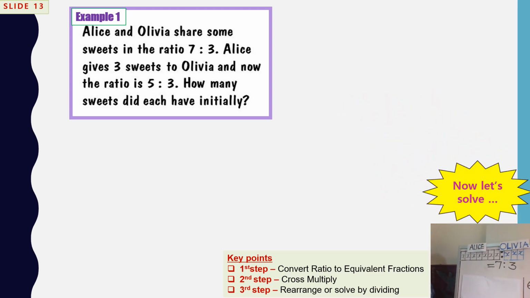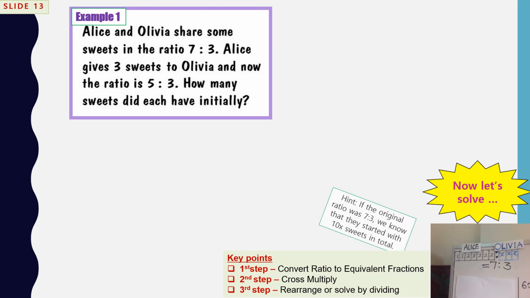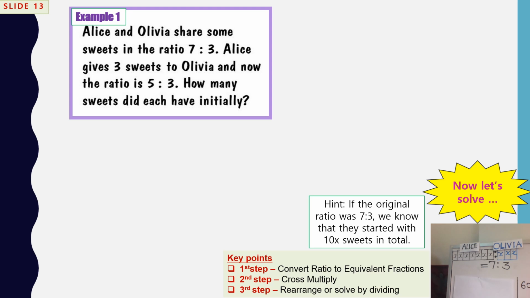Now, as you can see, I have drawn 10 bars, 7 of which represent Alice, and the remaining 3 represent the number of sweets owned by Olivia. I do not know the total number of sweets, and therefore cannot tell how many sweets are represented by each of these bars.